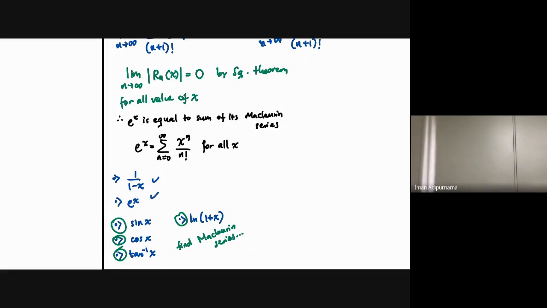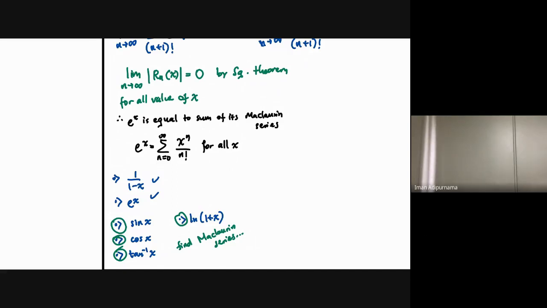And in your textbook, actually, we only have 1, 2, 3, 4, 5, 6, and maybe 7 with the binomial. But I will not include binomial in my courses for now, because I don't really have time to explain that. So these 6 functions are the basic functions for Taylor or Maclaurin expansion.